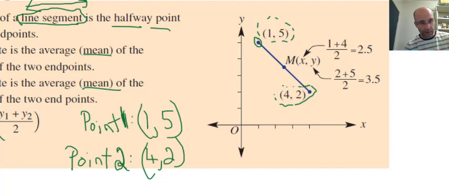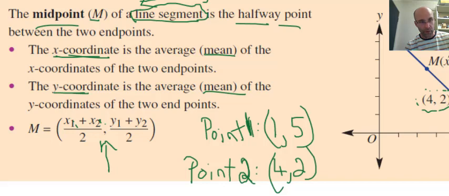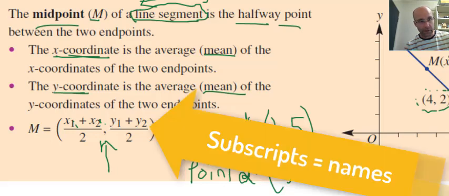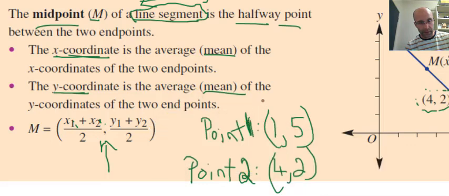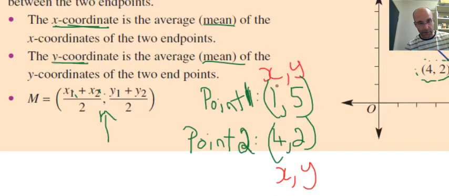These little 1s and 2s are subscripts, which means they're the small naming numbers. Let's see if we can find the corresponding ones. Because this is point 1 up here, this is the x value and the y value. So we don't get them confused with the x and the y down here, we give them a name: x1 and y1 for point 1, and x2 and y2 for point 2. You can see you put them in the formula here. You can see where they would go. Let's have a look over here on this side.